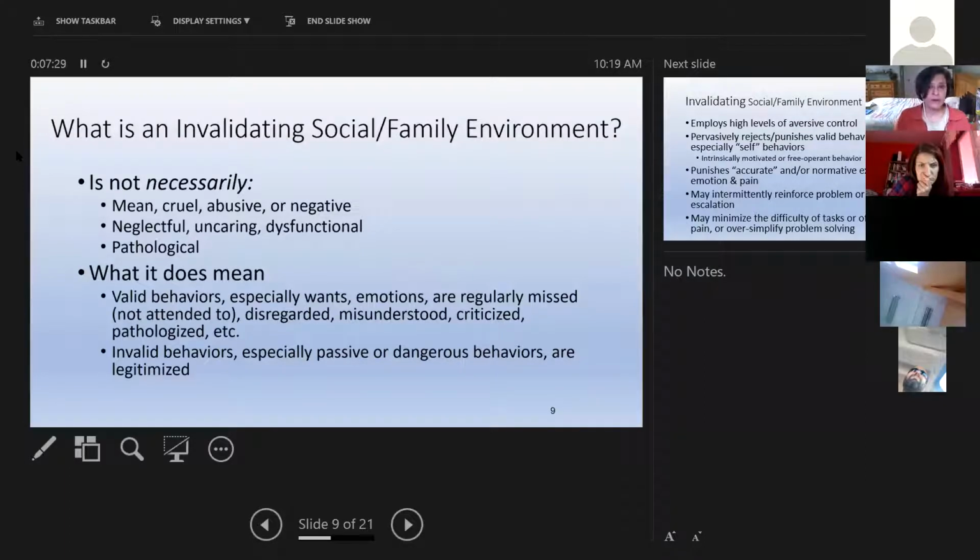Our point here, though, is that it's not just that, right? Invalidation is when somebody's behaviors, their wants, their emotions, their private behaviors, right? Because how do you know what a child is feeling? You can read their expression. You can ask them, right? But we don't really know what's happening inside of them.